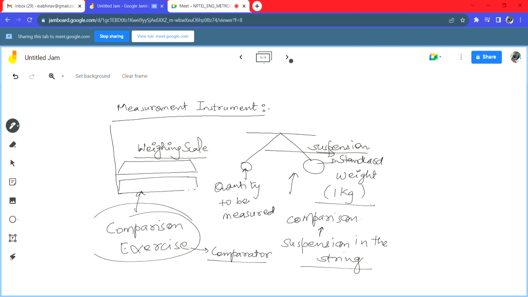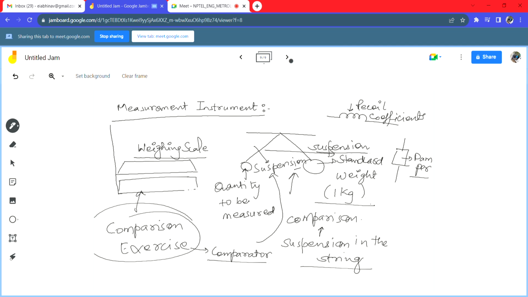Now this comparator in mechanical systems or conventional systems can be these strings that work in the form of suspension, or a coil that stores energy in the form of recoil coefficients, or damper based systems, whatever.